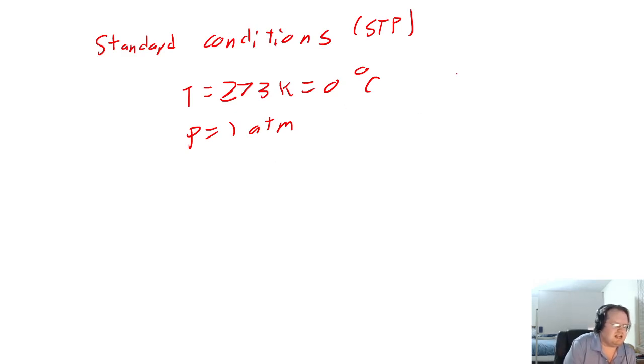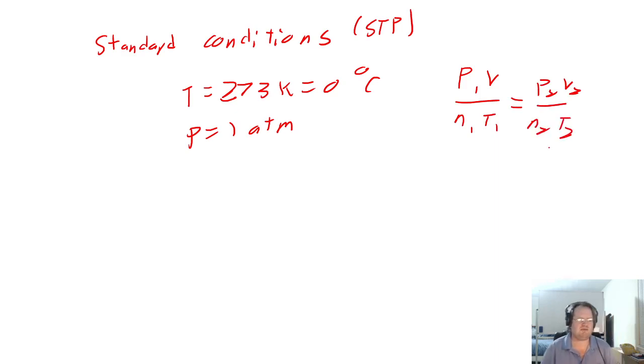And you can use that idea I talked about earlier, the P1V1 over N1T1 equals P2V2 over N2T2. You can make adjustments based on, oh, I know my pressure and temperature, and I can compare it to STP and see how the other numbers would change and see which one's set. Like if my volume is a beaker, or let's say a closed flask. My closed flask isn't going to change volume.